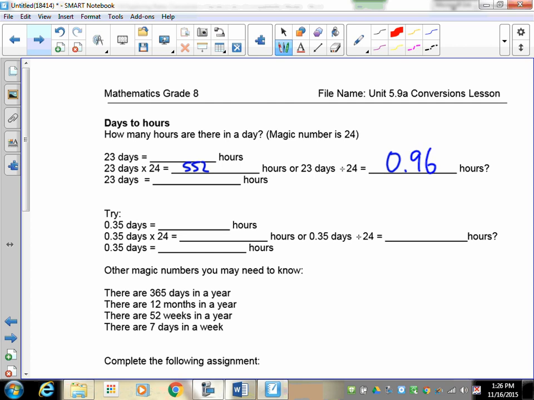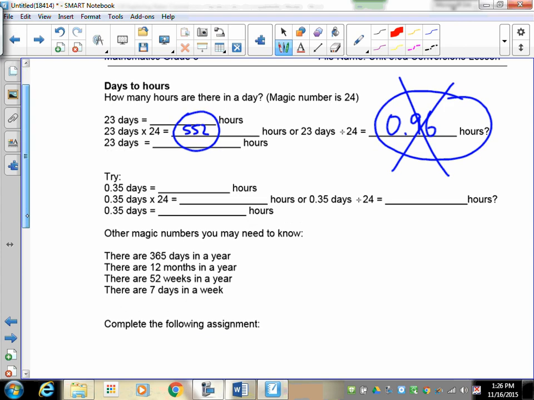Now take a look. Is 23 days the same as 0.96 hours? This is less than 1 hour. How can 23 days be less than an hour? That means 552 has to be correct. You try the next one.